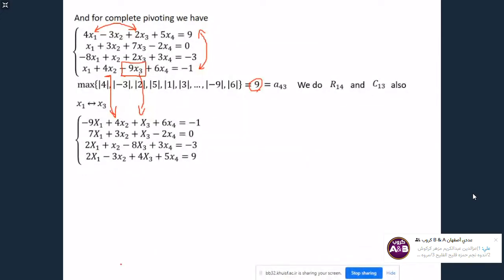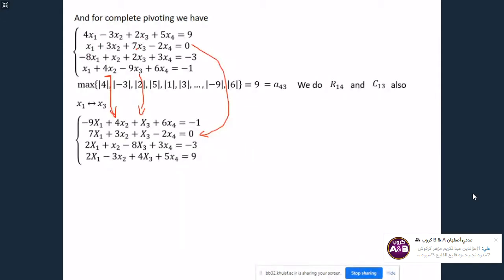The second equation: x1 changes to x3, the first column to the third column.